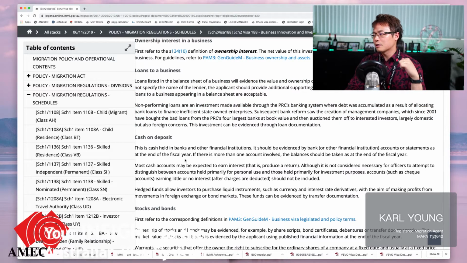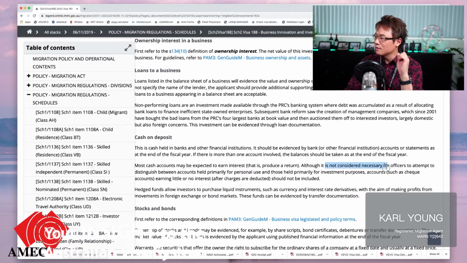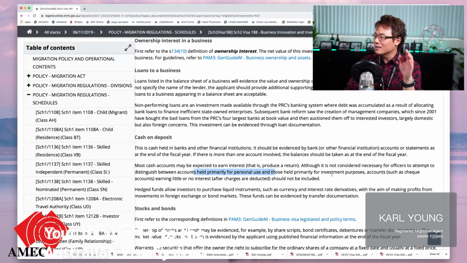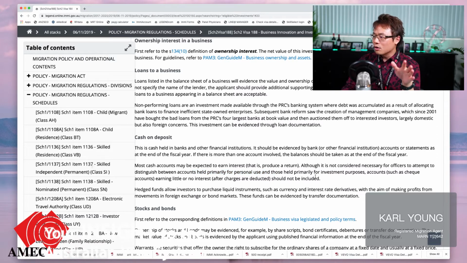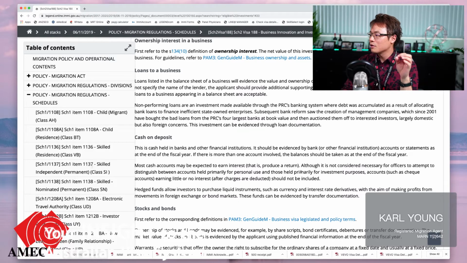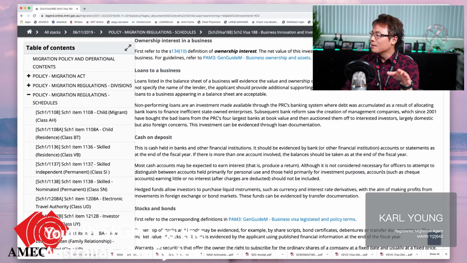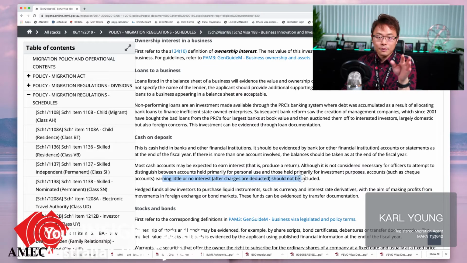Now, cash on deposit, that's pretty easy. A key here is that it does not require you to demonstrate that the account is actually a saving, a check, or a term deposit. As long as it makes interest, it can be used. Now, key point here: if the account only made little or no interest, that cannot be included.